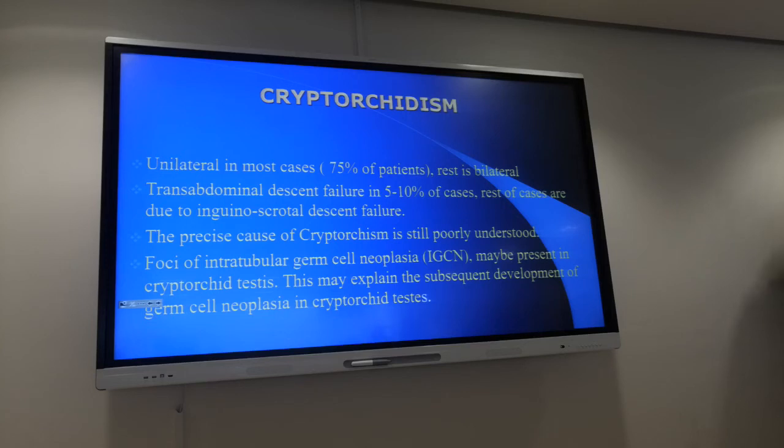But then they found out that the contralateral testis, the so-called good testis that descended normally in patients who have a cryptorchid testis, has a higher chance than normal of being infertile and also of developing germ cell neoplasia. So obviously it is not related to ischemia, and it is not related to hormonal imbalances. The new theory is that it is related to a developmental disorder in the testicular tissue itself, in the seminiferous tubule tissue in that patient.